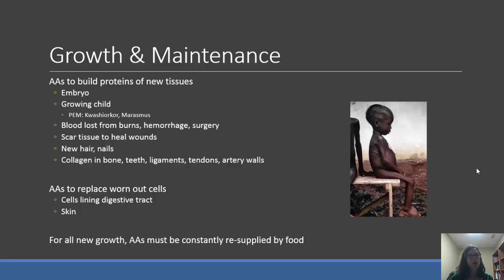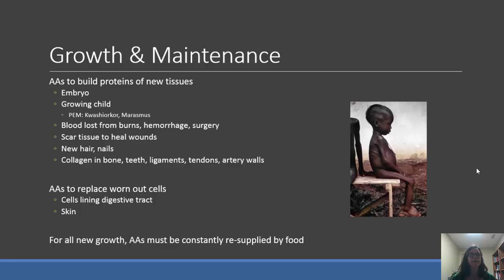Okay. So growth and maintenance. We need to ensure availability of amino acids to build proteins of new tissues. Periods of growth in the life cycle include the embryo when it's developing, and of course growth throughout childhood.